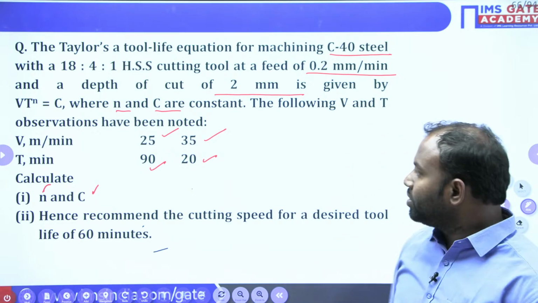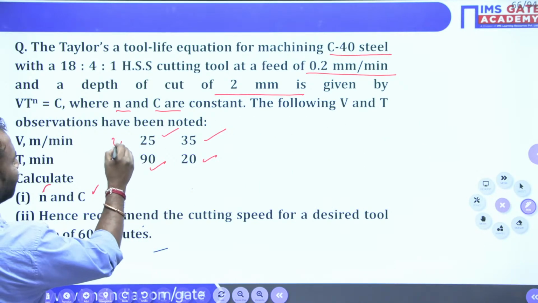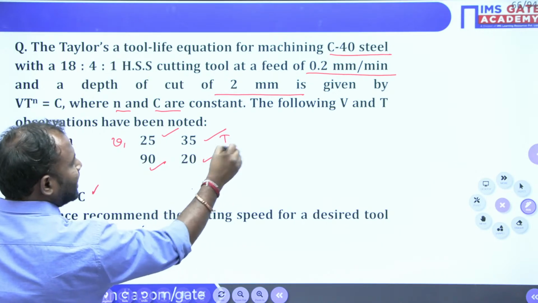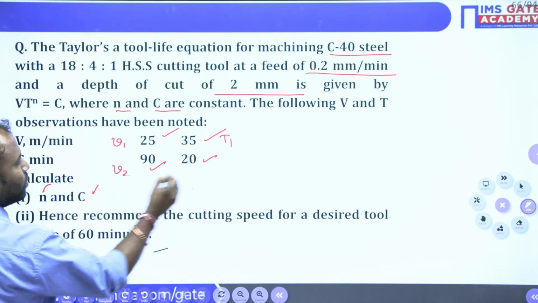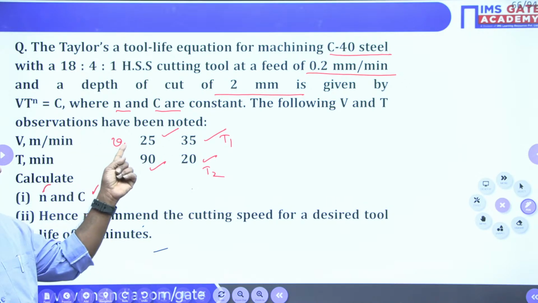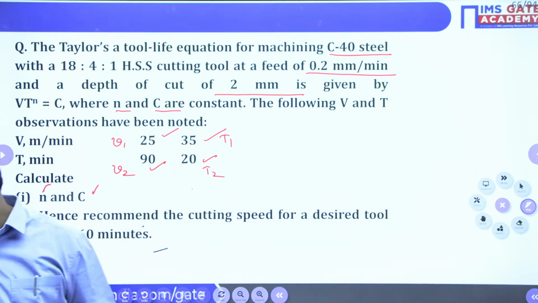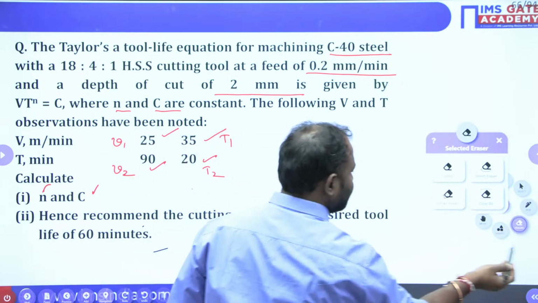Now, let us go for it. Suppose I take V1 and this will become T1. If I take V2, this becomes T2.